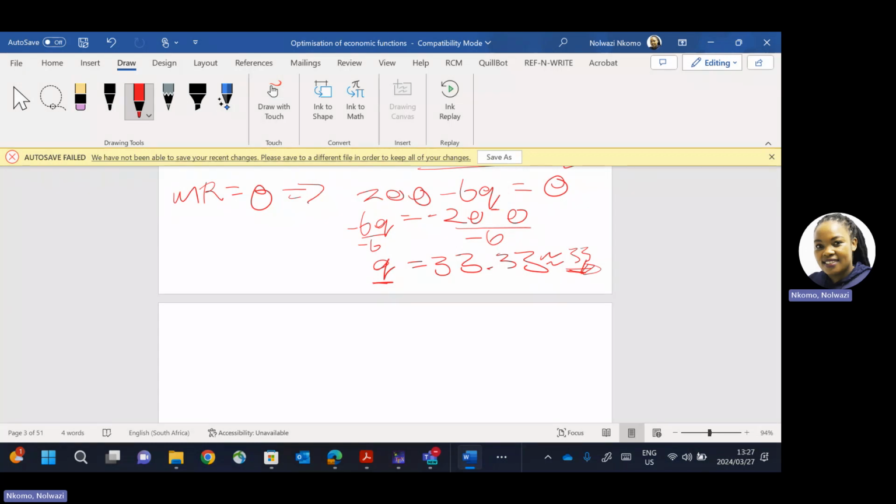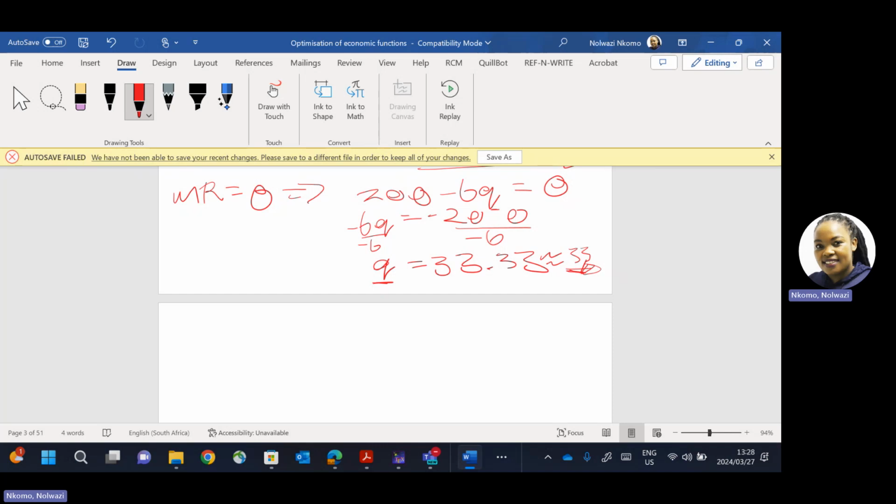But what is the nature of this quantity? Is it the maximum point or the minimum point? Remember, we said to determine the nature of the turning point, we need to find the second derivative, from the previous session.